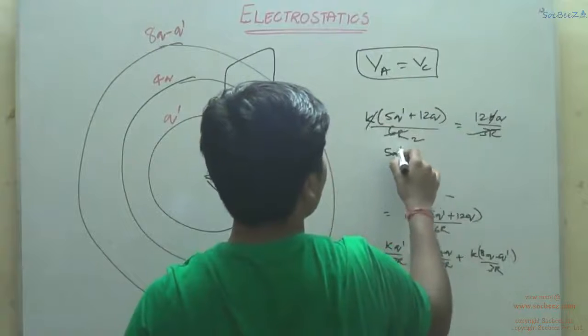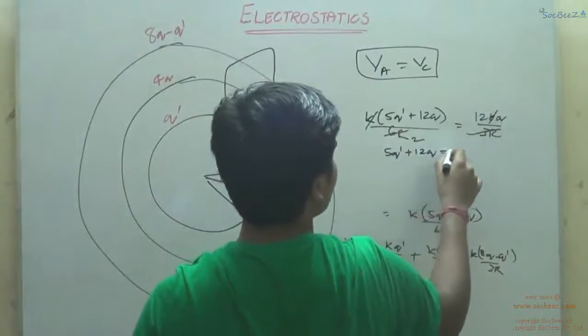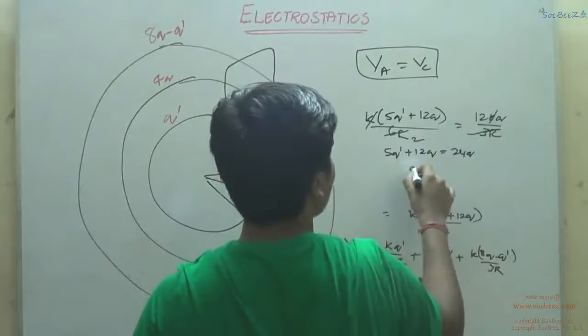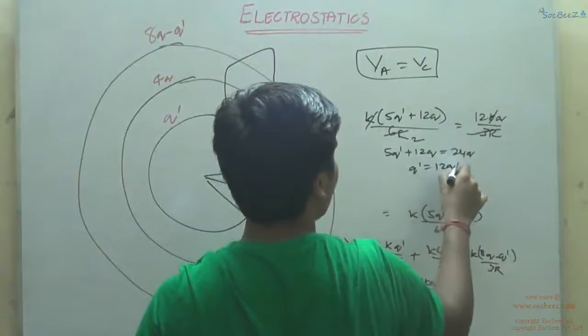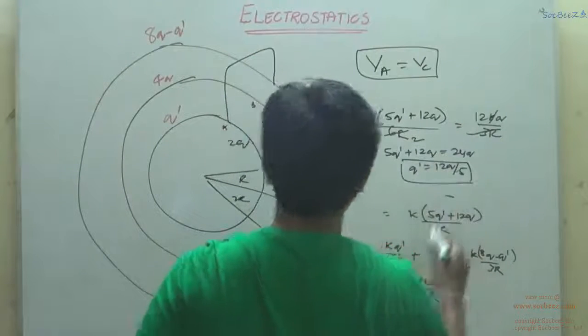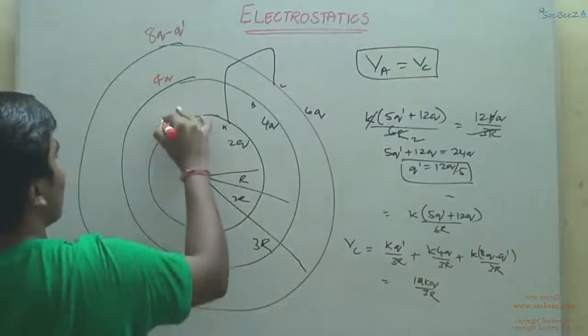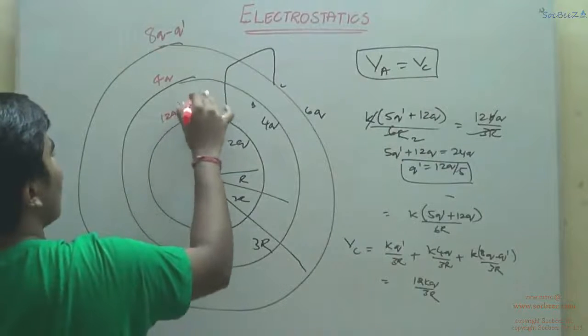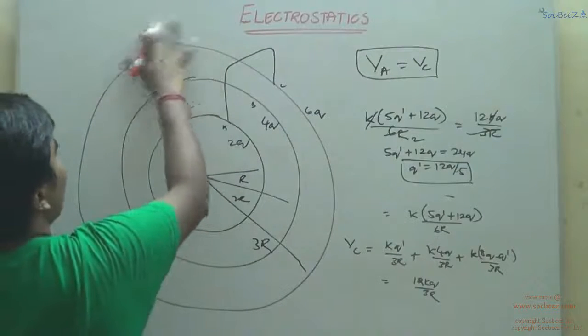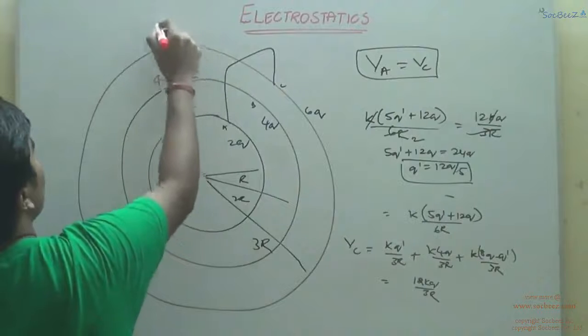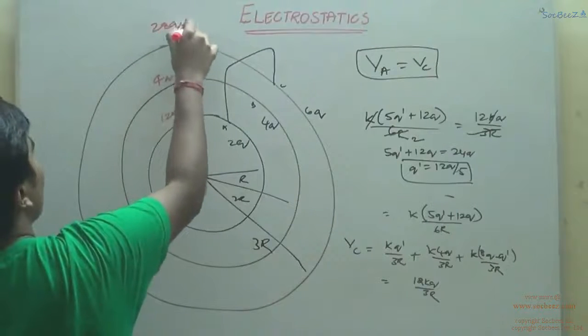So 5q dash plus 12q is equal to 24q. So q dash is equal to 12q by 5. Now finally we have the charge of 12q by 5 here, here we have 4q, and here we have 40 minus 12 is 28q by 5.